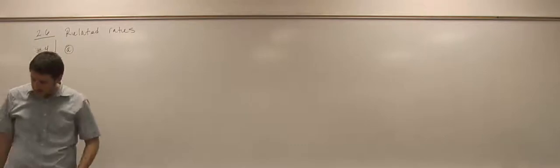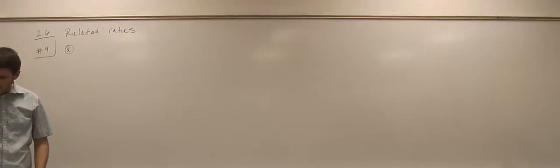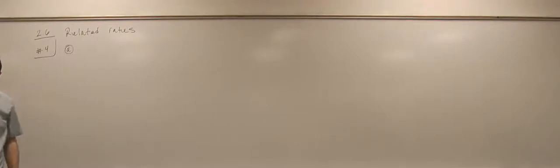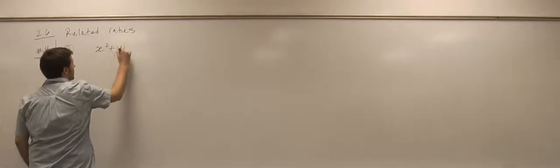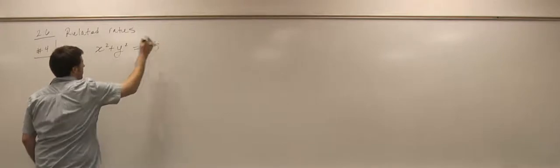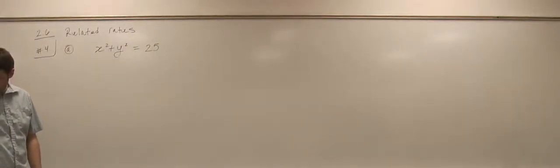All right. So the problem says, in exercise 1.4, assume that x and y are both differentiable functions of t. Find the required values of dx/dt and dy/dt. It gives you the equation x squared plus y squared equals 25, and it tells you to find dy/dt when x equals 3 and y equals 4 and dx/dt equals 8.